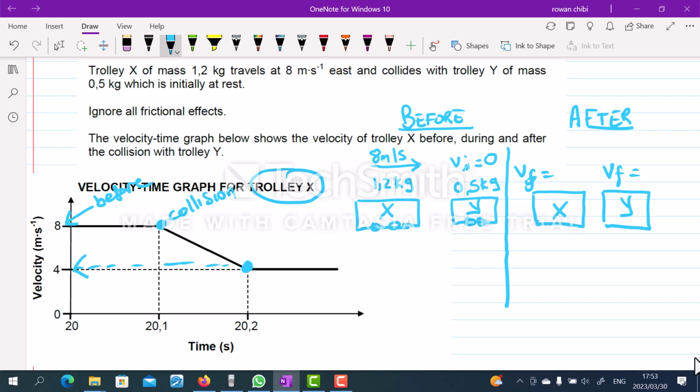So we know the velocity of trolley X after collision became 4 meters per second. The time from 20.1 to 20.2 is the time of the impact, which is 0.1. 20.2 minus 20.1 is 0.1. That is the time of contact during the collision. So let us look at the questions.